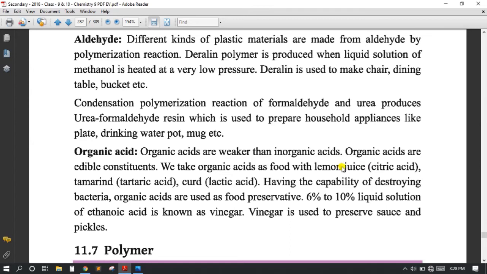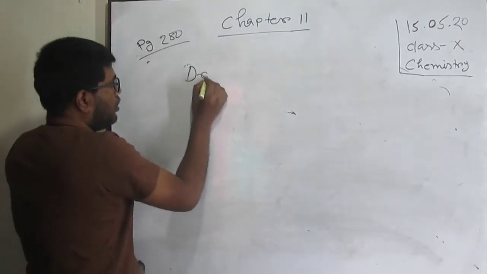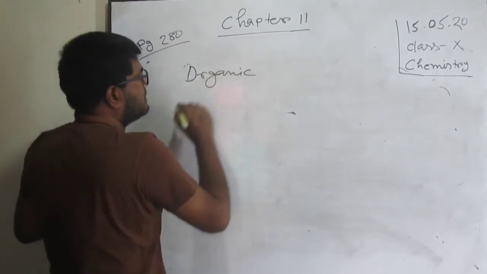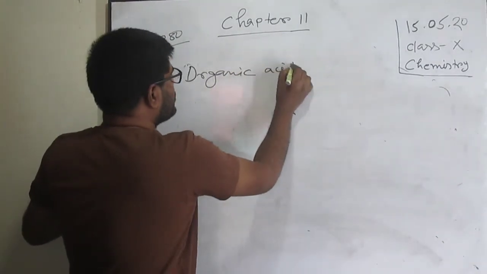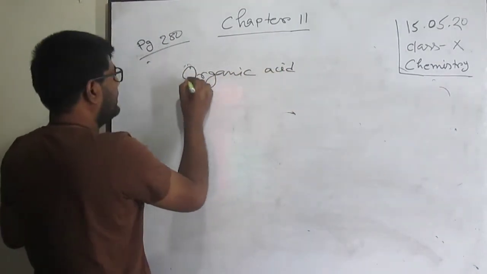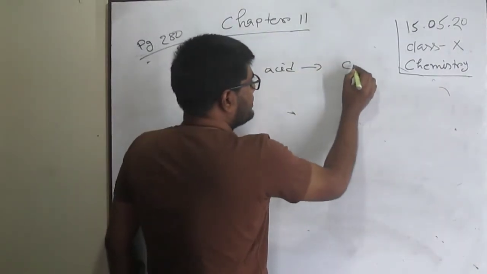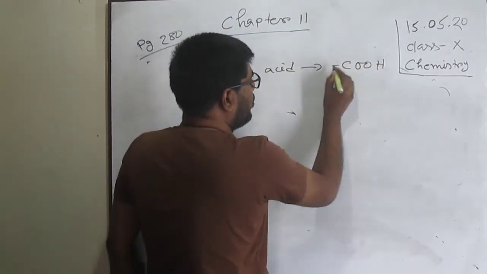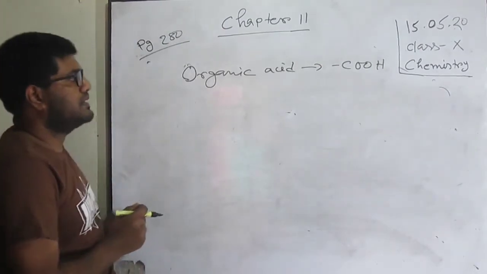So before starting this portion, I would like to write the functional group of acid on my board. So organic acid, its functional group is COOH. One hand is free for this carbon.